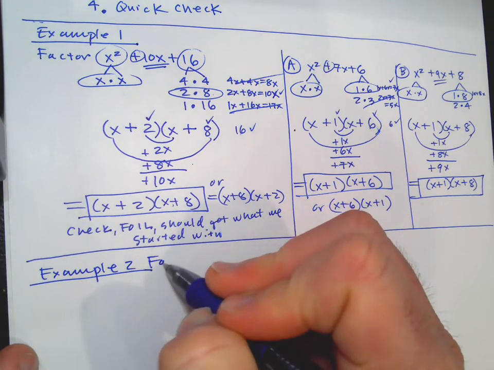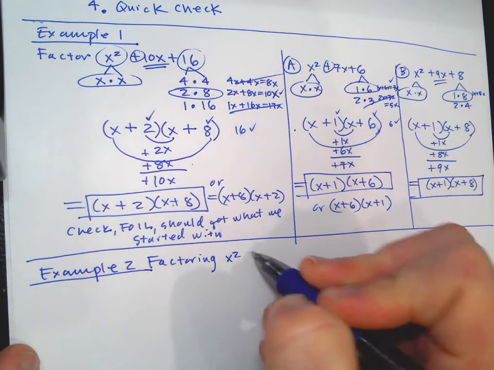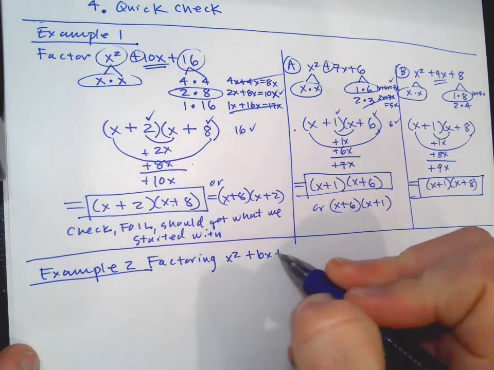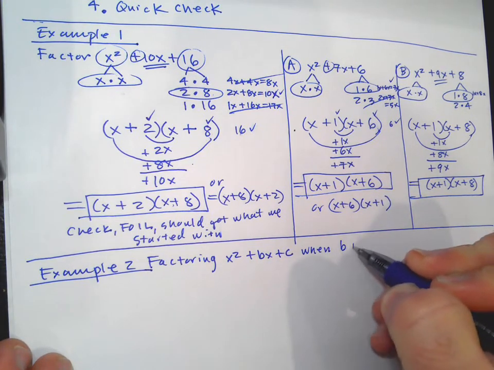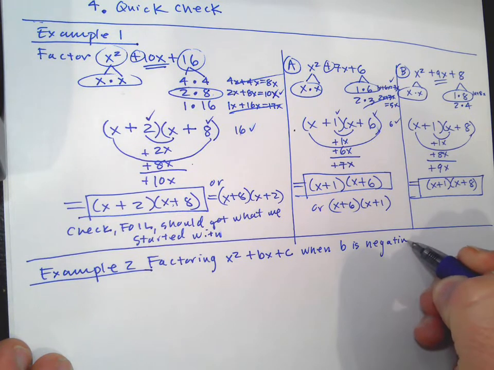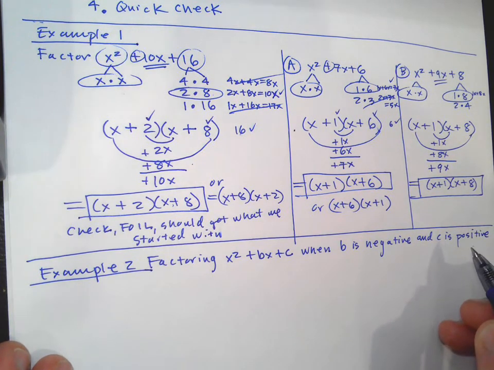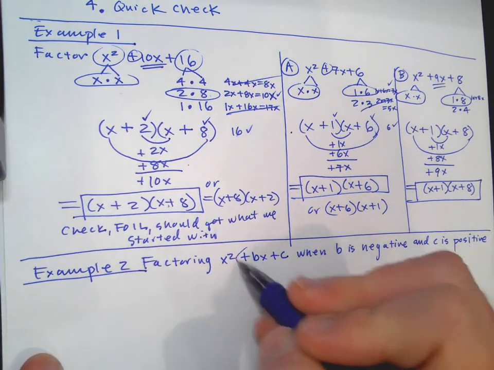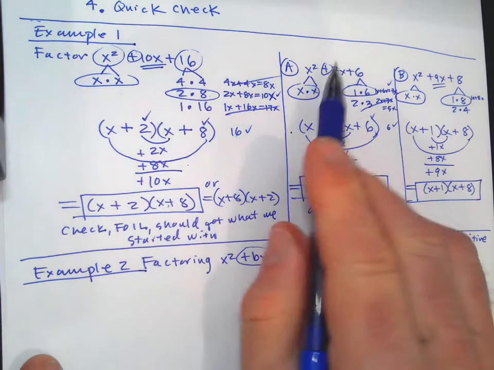This one is going to be factoring x squared plus bx plus c when b is negative and c is positive. Remember, b and c are just going to be numbers. So that means we're going to end up with a negative in the middle and a positive here. All the last examples had positive, positive, positive.